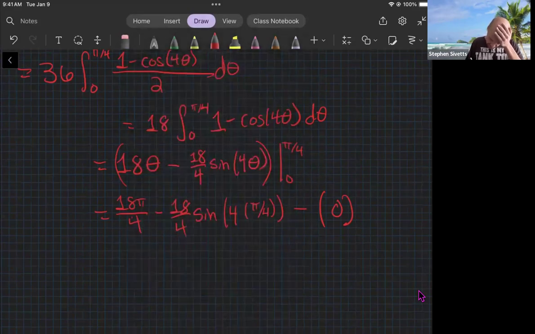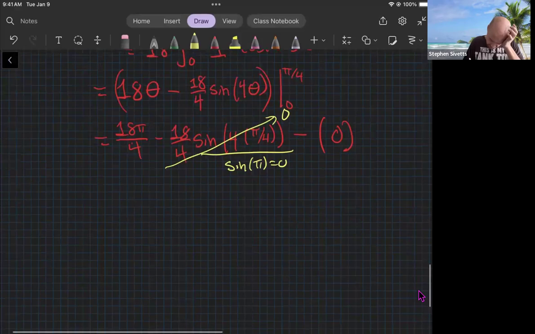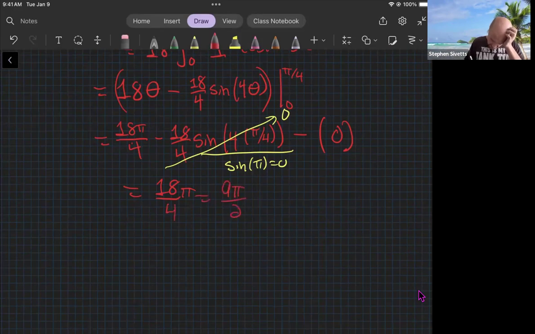The lower term would be 0. Sine of 4 times pi over 4 is sine of pi, which is 0, so this quantity would be 0. And so what we will end up with is 18 pi over 4, or 9 pi over 2. Okay, 9 pi over 2.